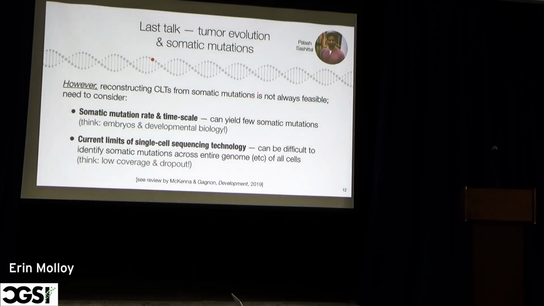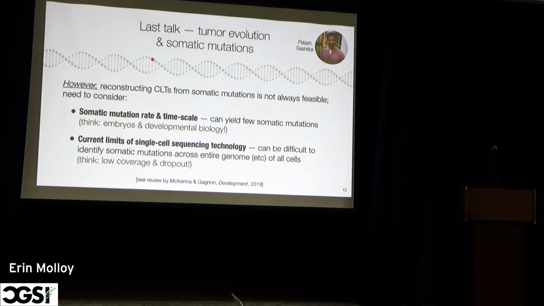And in the last talk by Palash, the focus was really on somatic mutations that were occurring in these cells. And that works great under some contexts, but it's not always going to work for your research questions. A big one here is somatic mutation rate and time scale. And so if you're actually studying developmental processes and looking at how an embryo changes and differentiates into different cell types, you're not going to have enough somatic mutations to reconstruct the cell lineage tree.